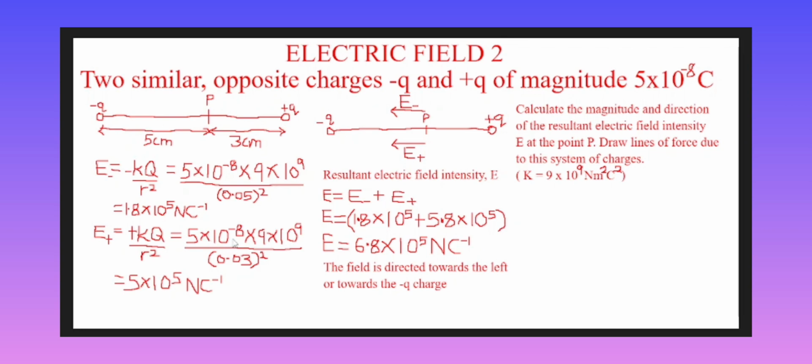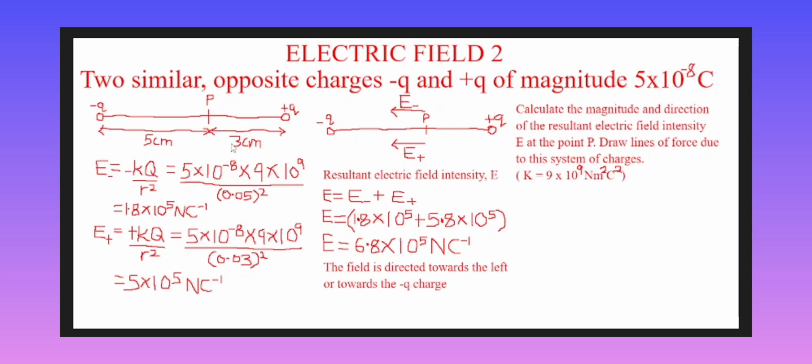If I put in the value of my Q, which is 5 times 10 raised to power minus 8, and the value of my K, which is 9 times 10 raised to power 9, all divided by the distance between the plus Q charge and P, and of course that is 3 centimeter.